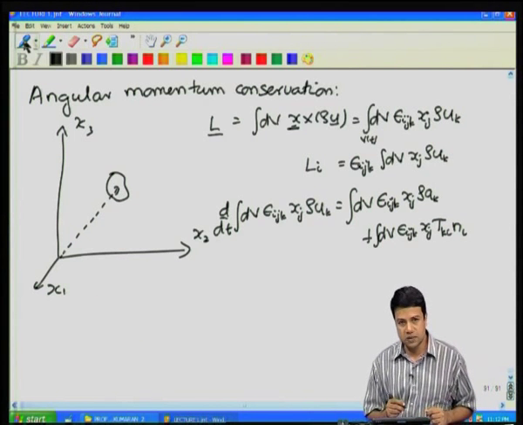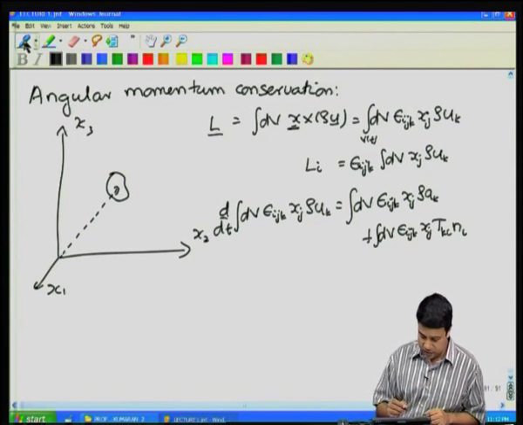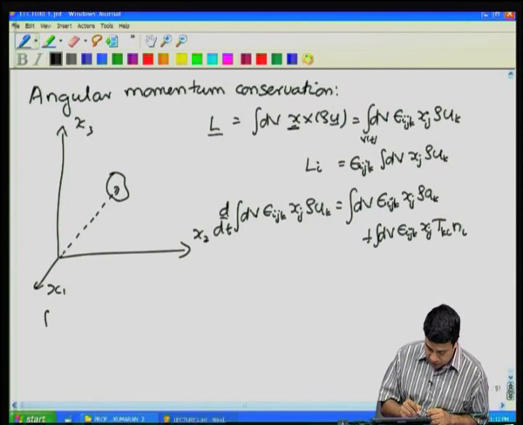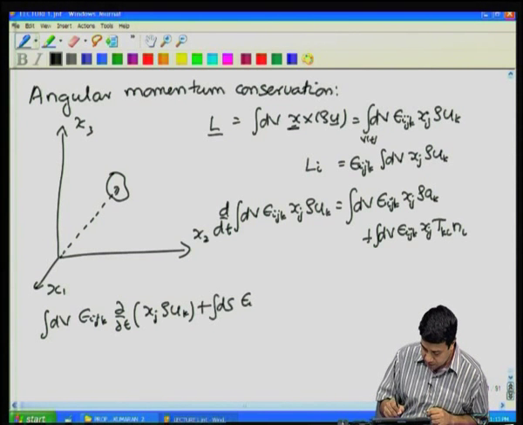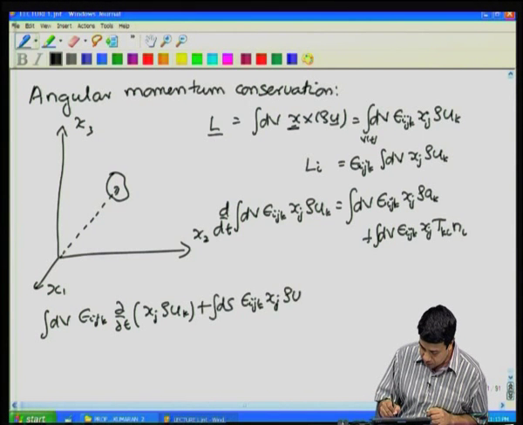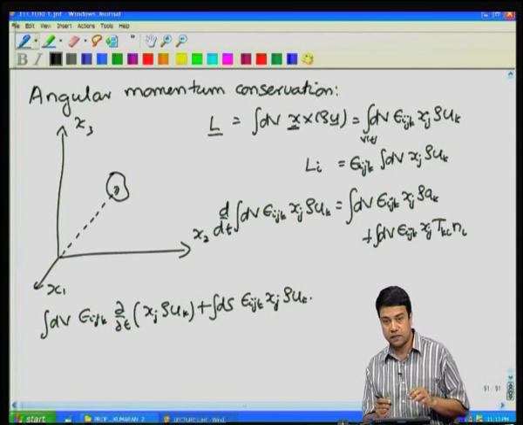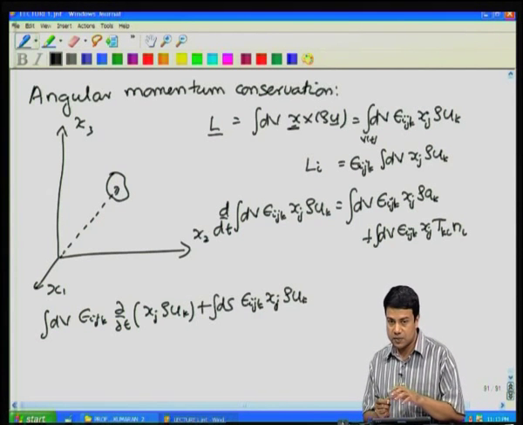As usual, we use Leibnitz rule to simplify this. Okay. So, I get integral dv epsilon ijk partial by partial t of xj rho uk plus integral ds of epsilon ijk xj rho uk, integral ds of this whole thing times u dot n.